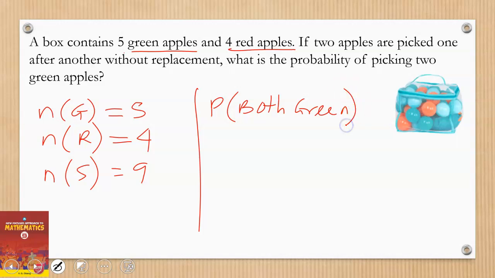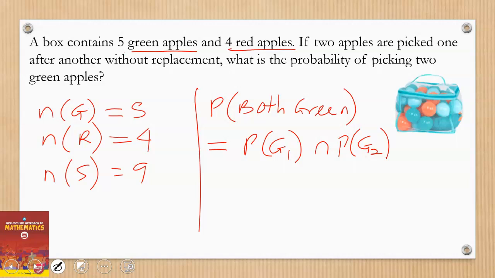Okay, and probability of both green is going to be equal to the probability of picking the first to be green, let me call it G1, and the probability of picking the second also to be green, let me call it G2.